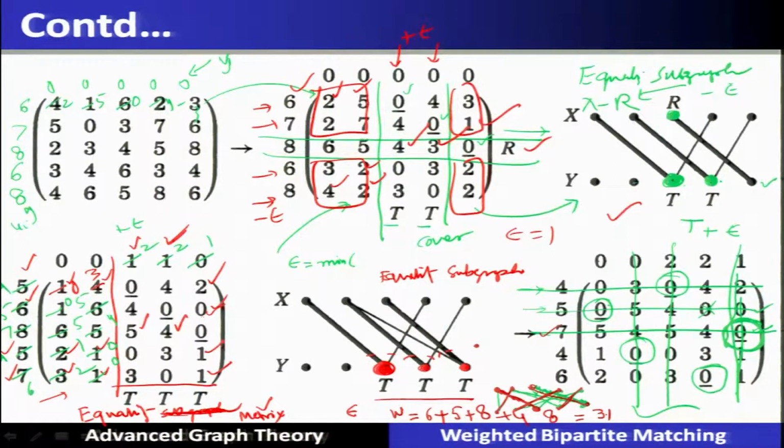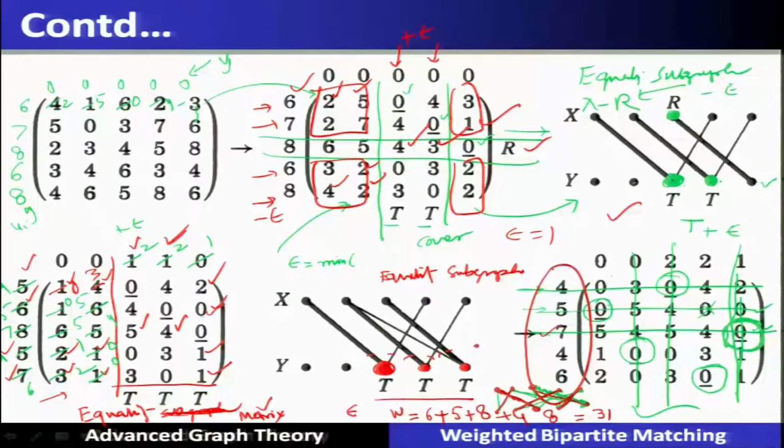So we have identified the maximum matching using Hungarian algorithm, and we have also estimated the cost, that comes out to be 31. So if we add the vertex cover which is obtained, this is 5 plus 16 plus 5, that becomes 31, given by the minimum vertex cover, and this is the matching.